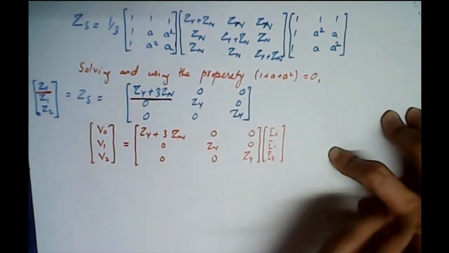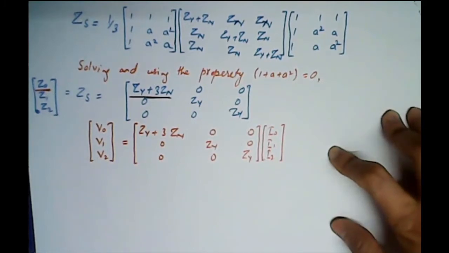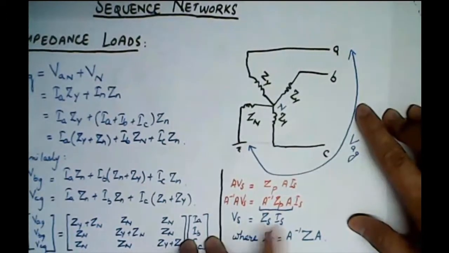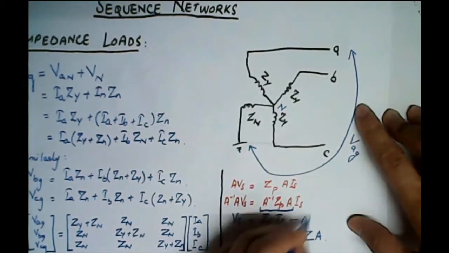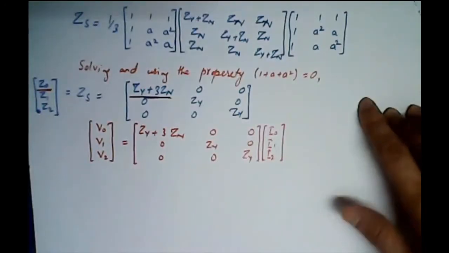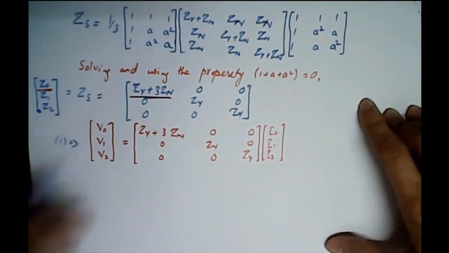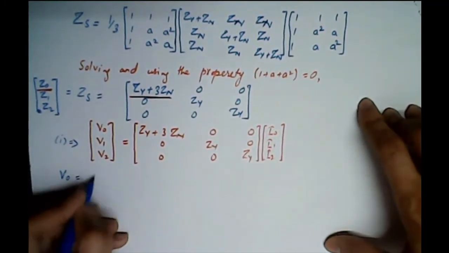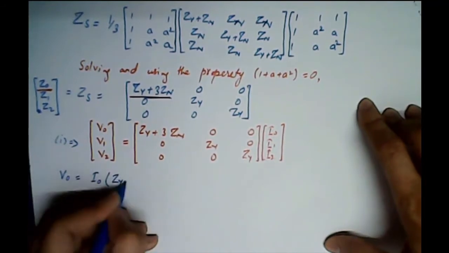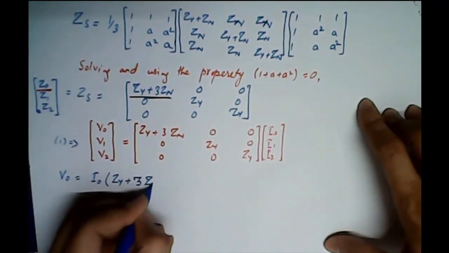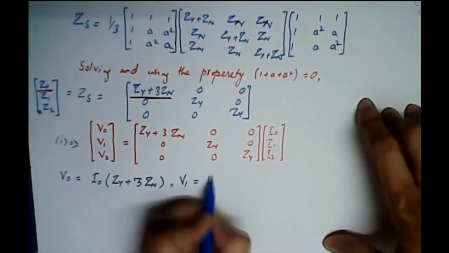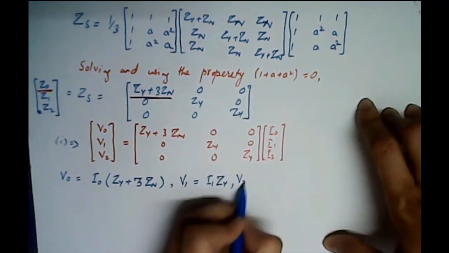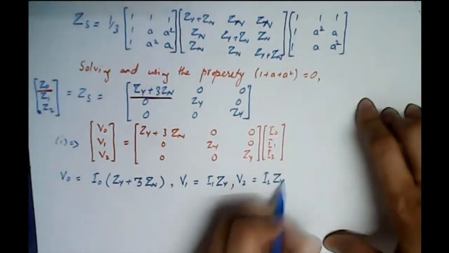This is from the previous slide, as we saw that Vs equals Zs times Is. We have just put the value of Zs in this equation. And now we can see V0 equals I0 times Zy plus 3Zn, V1 equals I1 times Zy, and V2 equals I2 times Zy.